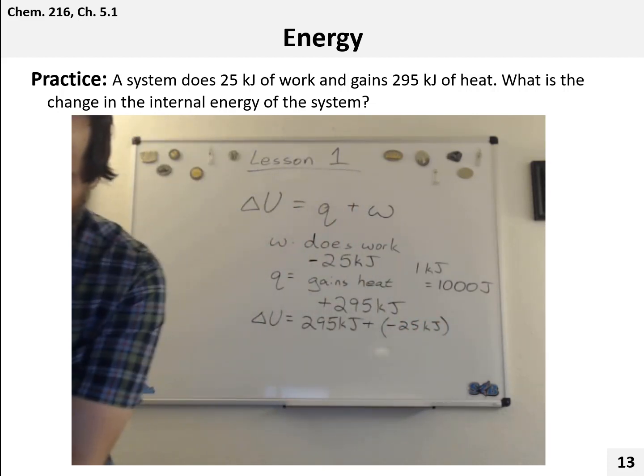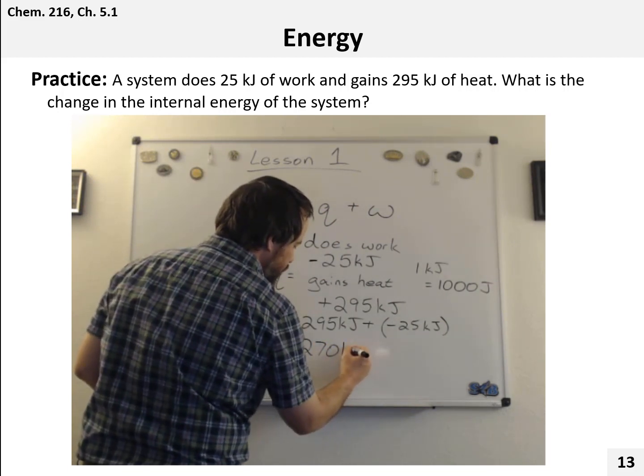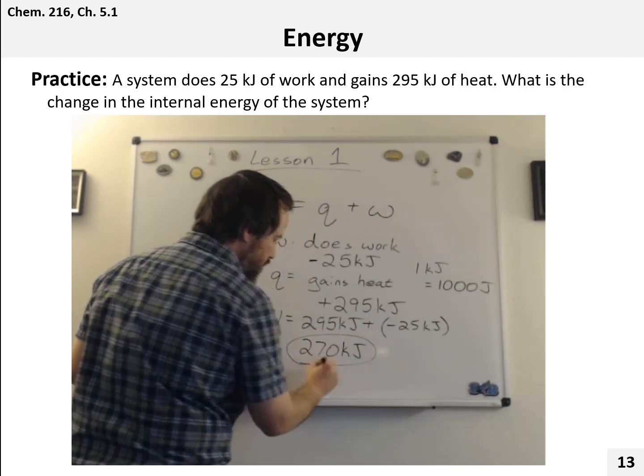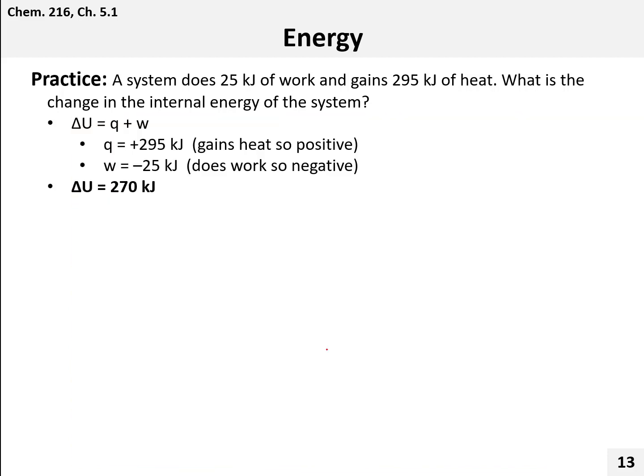So that's going to work out, and I'm going to get 270 kilojoules for my delta U. All right, so let's go back and let's look at some more examples.